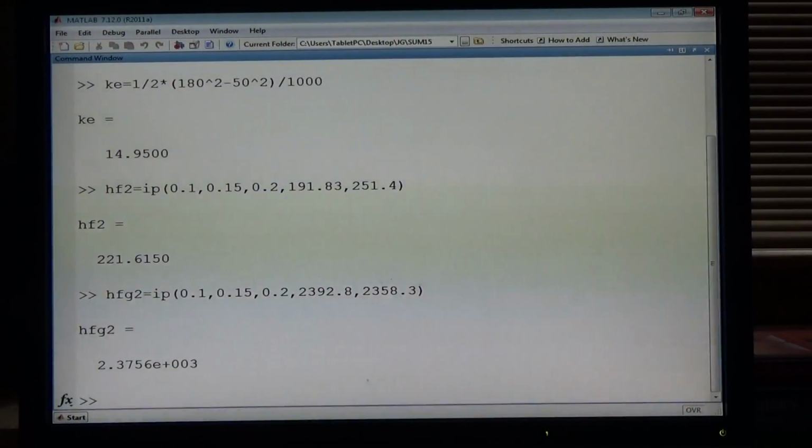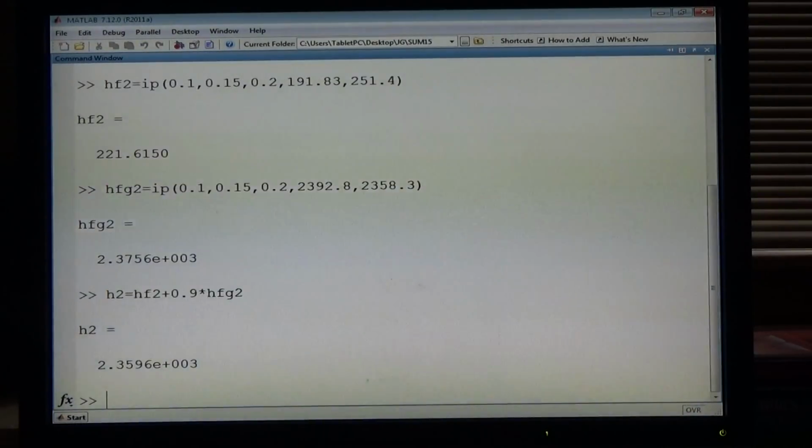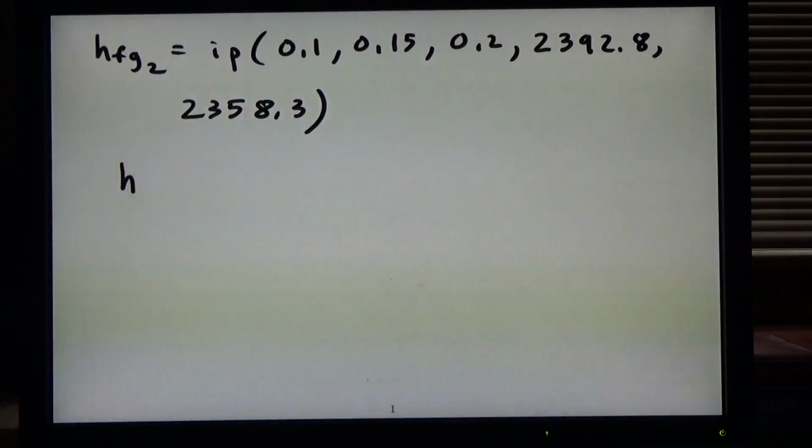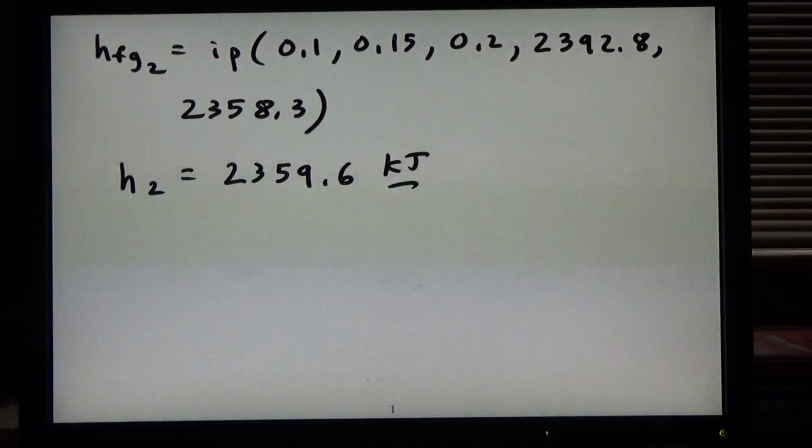That leaves us with an H2 value equal to Hf2 plus X2, which was 0.9, times Hfg2. So our H2 value turns out to be 2359.6, and that's in kilojoule per kilogram.